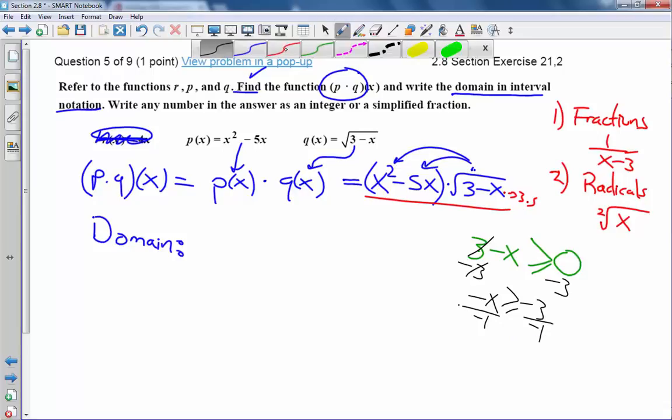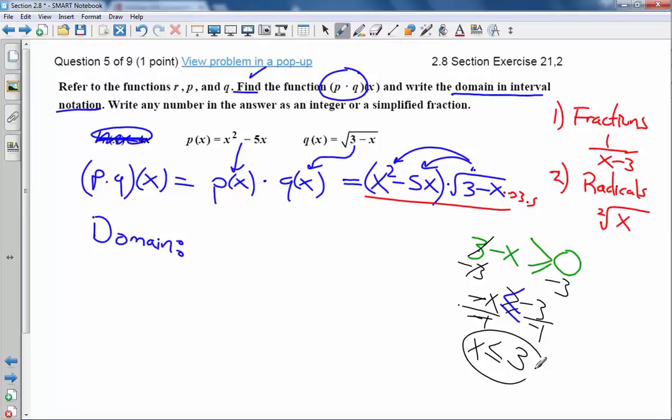Once I do that, don't forget to flip the sign, because dividing by a negative is a game changer. This cancels, by the way. X is less than or equal to 3. So we just verified what we already deduced here. Everything less than or equal to 3, 3 is good, or anything less, makes this guy healthy. You can compute it, like plug in 2, 3 minus 2 is 1, root 1 is good. Alright, so we covered this angle. I'm okay with this. And I have to keep taking everything less than or equal to 3.